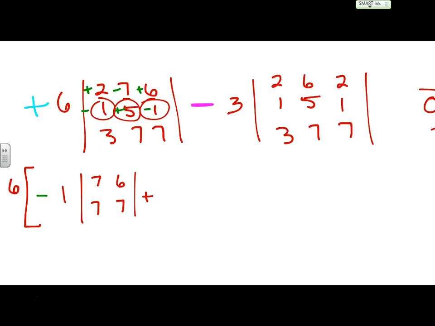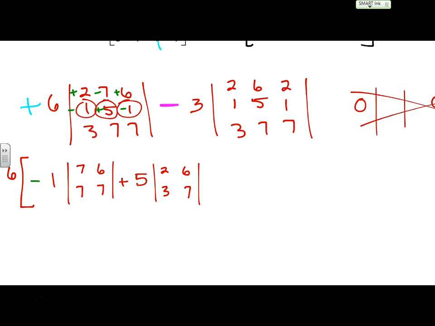I'm going to attach a positive to the 5. What's left with him? 2, 6, 3, 7. Because with the 5 we cross. Who's left? 2, 6, 3, 7. Then the minus.